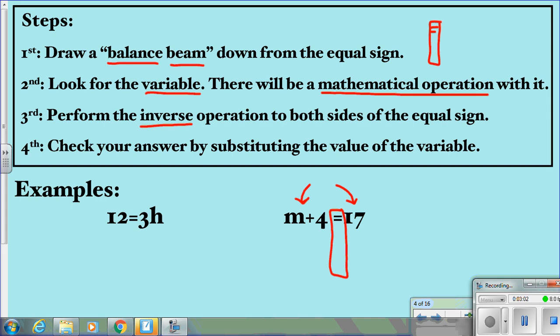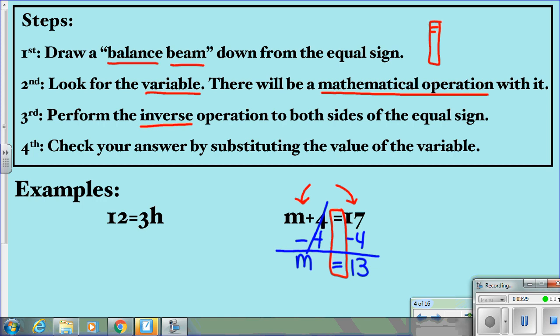We have an m with a plus 4. And I'm going to do the opposite operation of that, so I'm going to subtract 4 from both sides of that balance beam. Inverses will cancel because a positive 4 minus a 4 will give you nothing. You're left with m equals 17 minus 4 is 13.